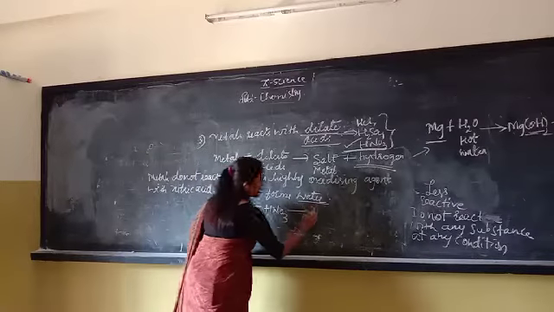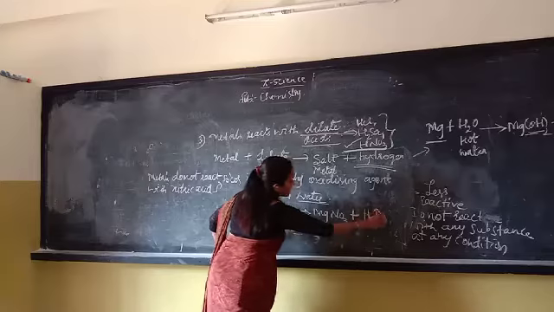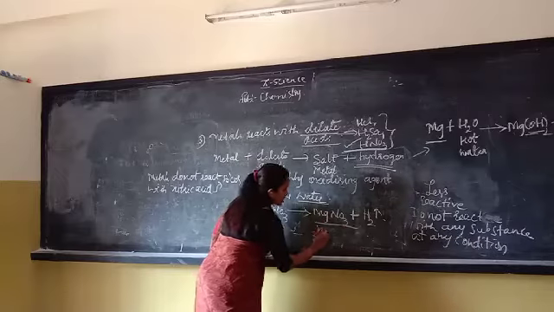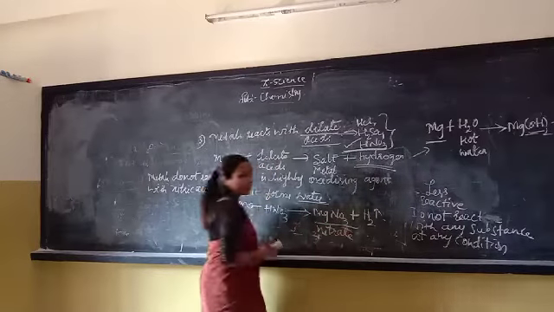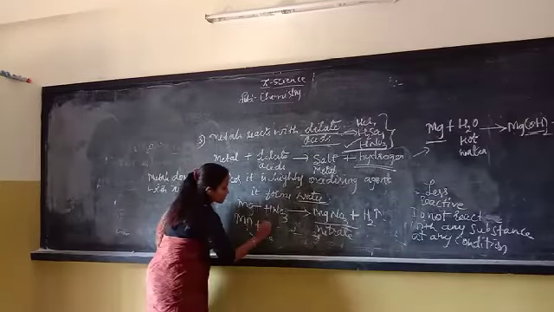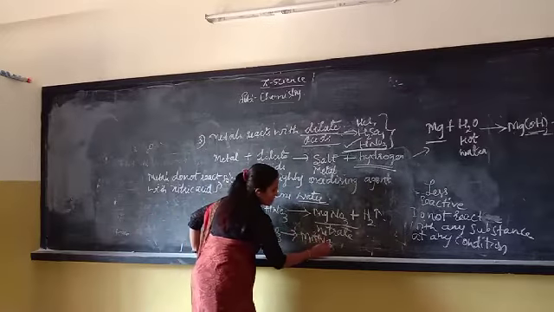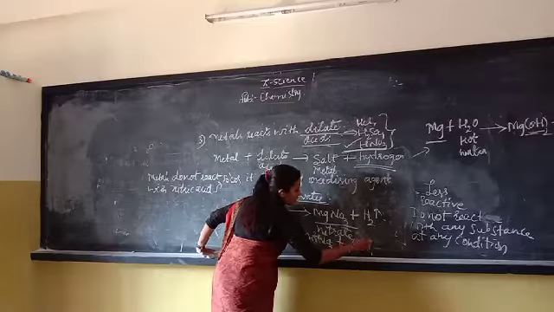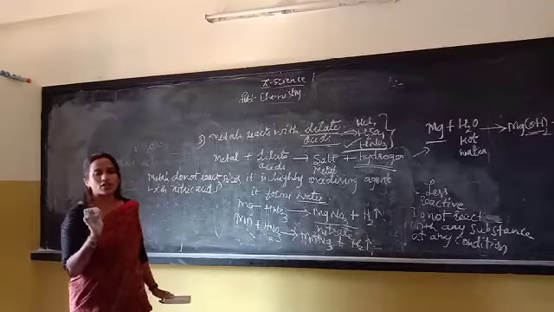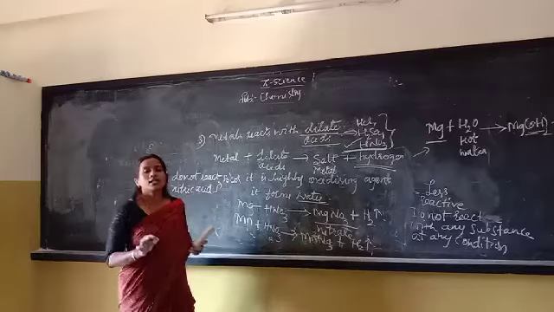We get the products Mg(NO3)2, magnesium nitrate, and hydrogen gas. NO3 is nitrate. When manganese reacts with HNO3, we get Mn(NO3)2, manganese nitrate, plus hydrogen gas. Only these two metals have the capacity to react with nitric acid. None of the other metals react with nitric acid.